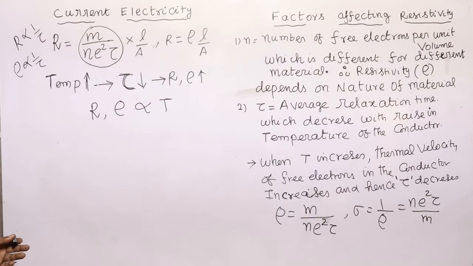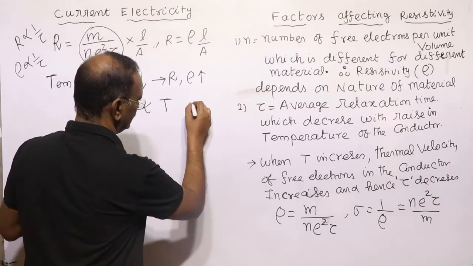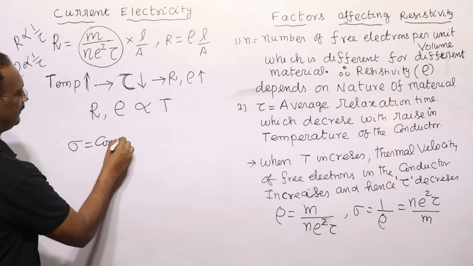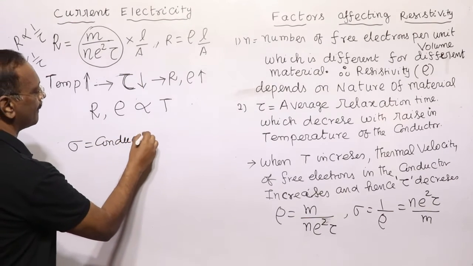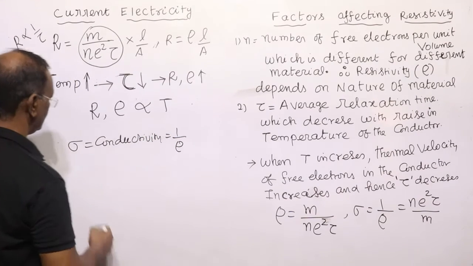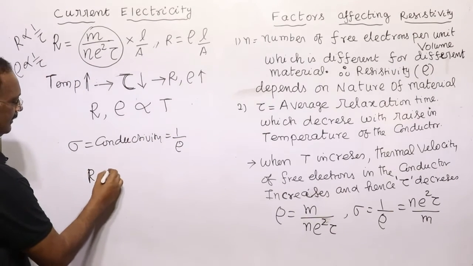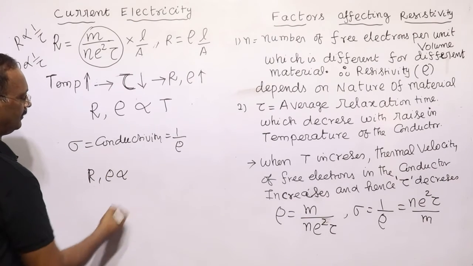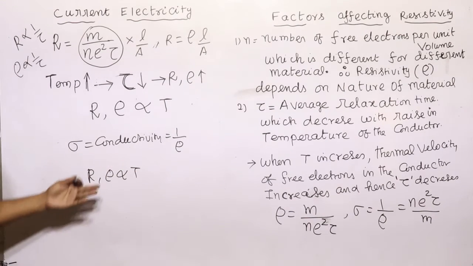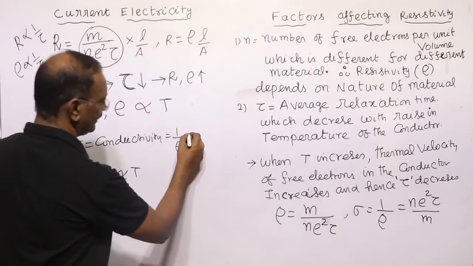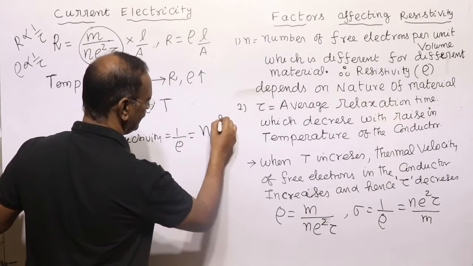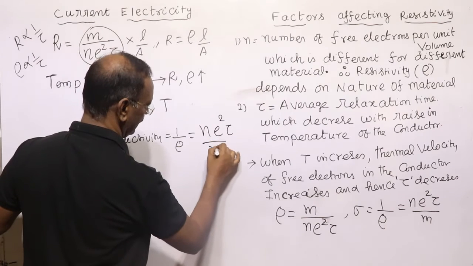Now let us see conductivity. Conductivity is equal to 1 by resistivity. Since resistance and resistivity are directly proportional to the temperature, what about conductivity? Conductivity is equal to n e square tau by m.